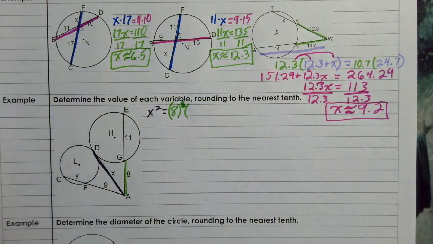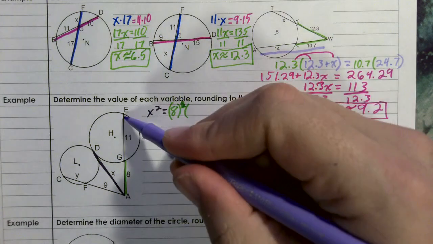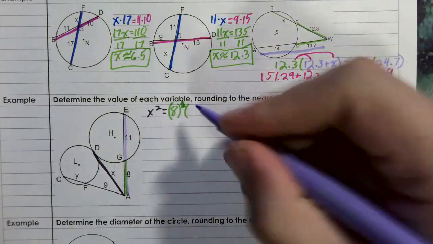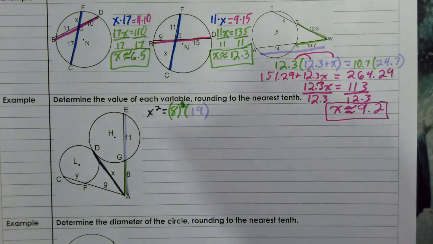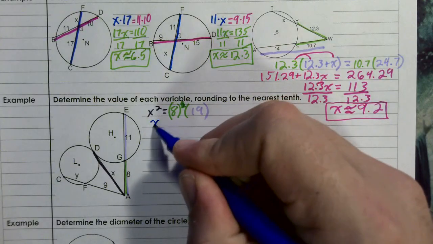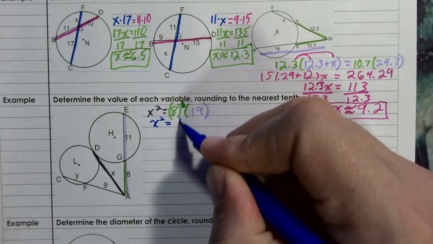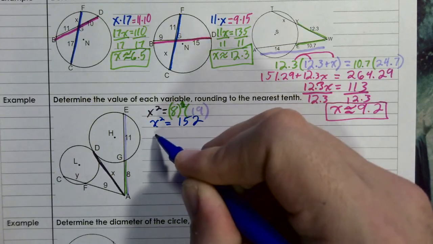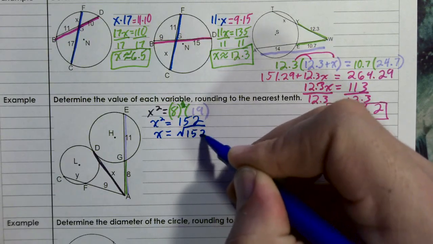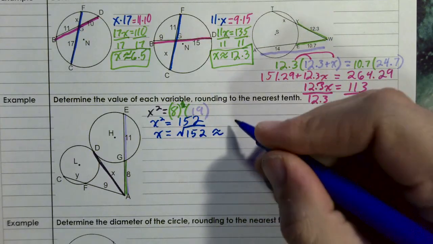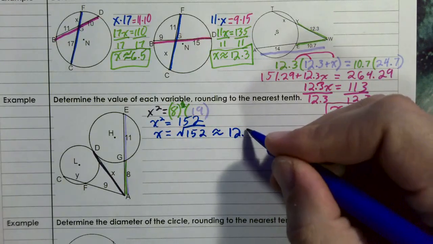I don't want to square everybody. This isn't the Pythagorean theorem. The whole thing right here, so it should be 8 times 19. So if I solve this equation, I get x squared equals 152. So that means x equals the square root of 152, which is about 12.3.